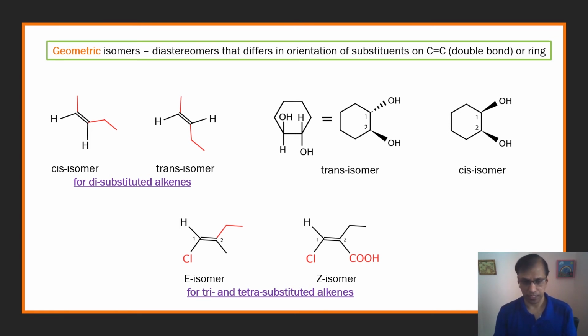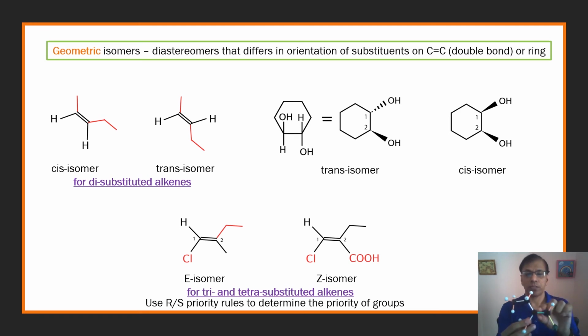Let's look at an example of how to assign the E and Z stereochemistry to tri-substituted and tetra-substituted alkenes. So let's start with a simple example.